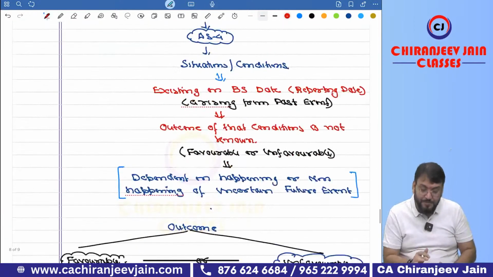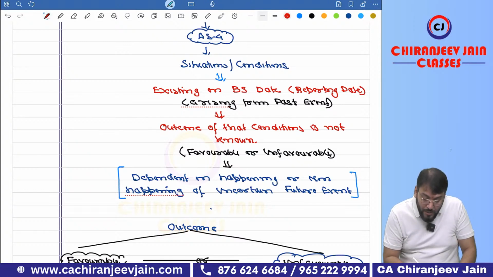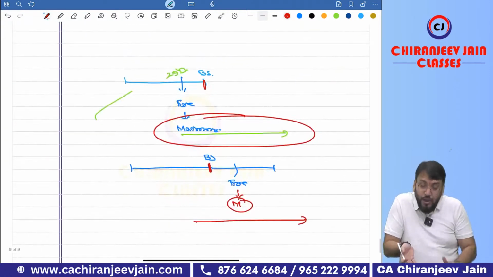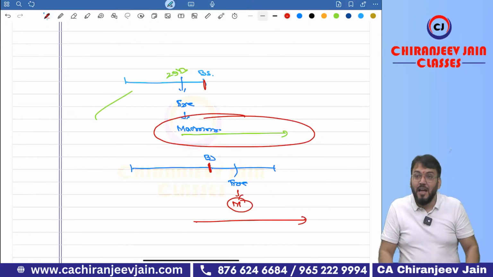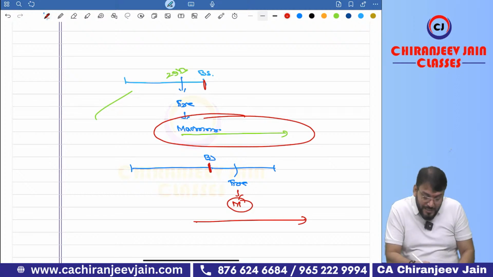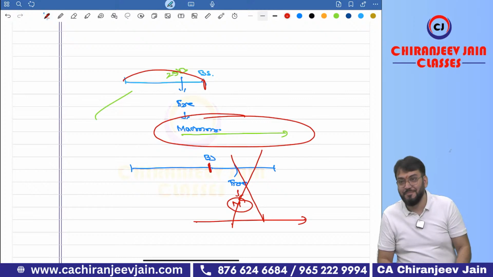Have you understood this point? It is a situation or condition existing on the balance sheet date, the outcome of which is not known and is dependent on the happening or non-happening of an uncertain future event. Example number 2 is not covered here. For this financial statement, example number 2 is not at all relevant.